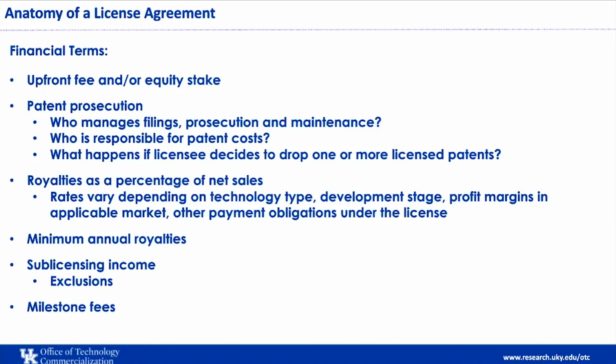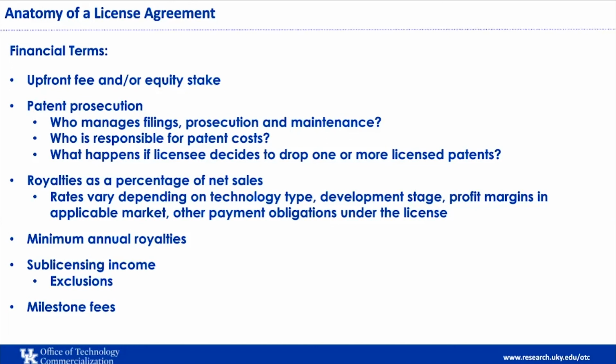Another is license income. If our exclusive licensee turns around and sub-licenses rights to a third party to make and use and sell the invention, we would expect some percentage of any license income they receive from their sub-licensee, with some exclusions.